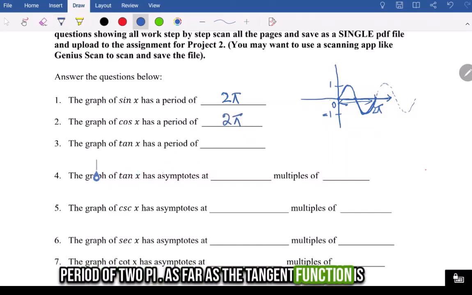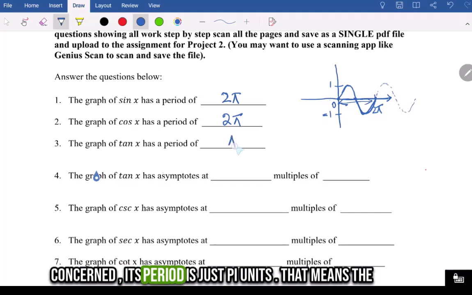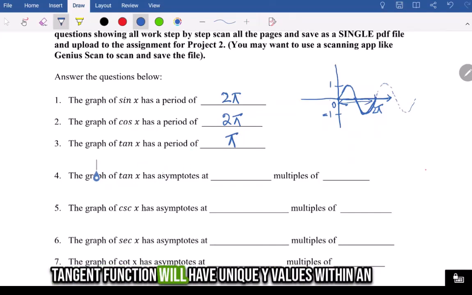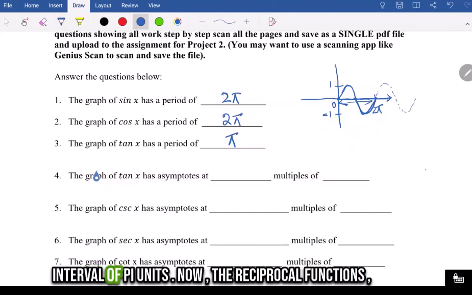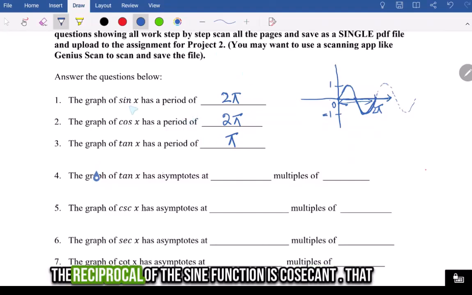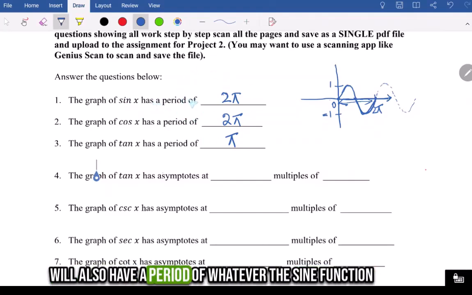As far as the tangent function is concerned, its period is just pi units. That means the tangent function will have unique y values within an interval of pi units. Now, the reciprocal functions. The reciprocal of the sine function is cosecant. That will also have a period of whatever the sine function has.